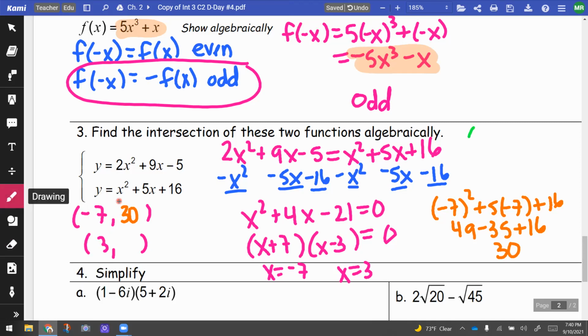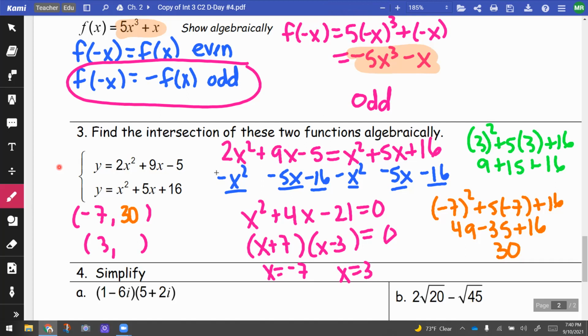So I'm going to put 3 squared plus 5 times 3 plus 16. So I'm going to get 9 plus 15 plus 16. So I get a 31 plus a 9. So 31 plus 9, which is 40. And those are going to be my 2 points.